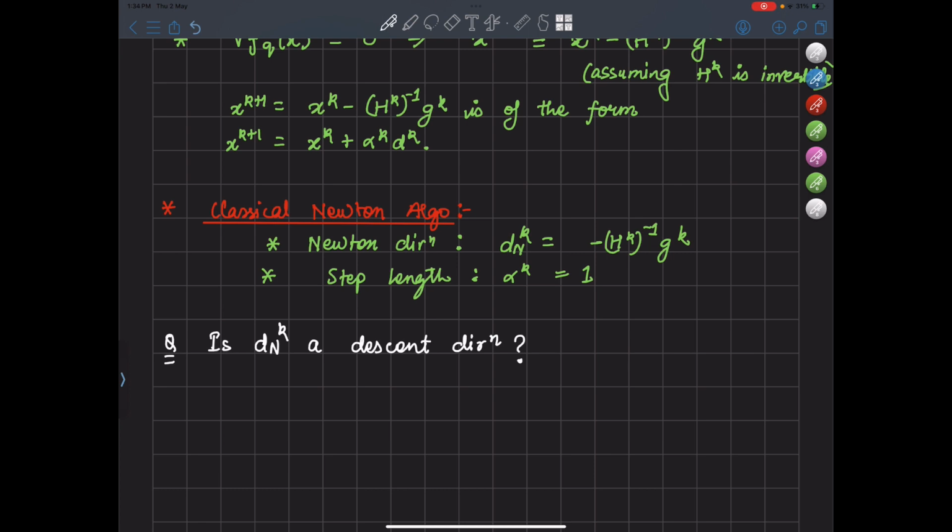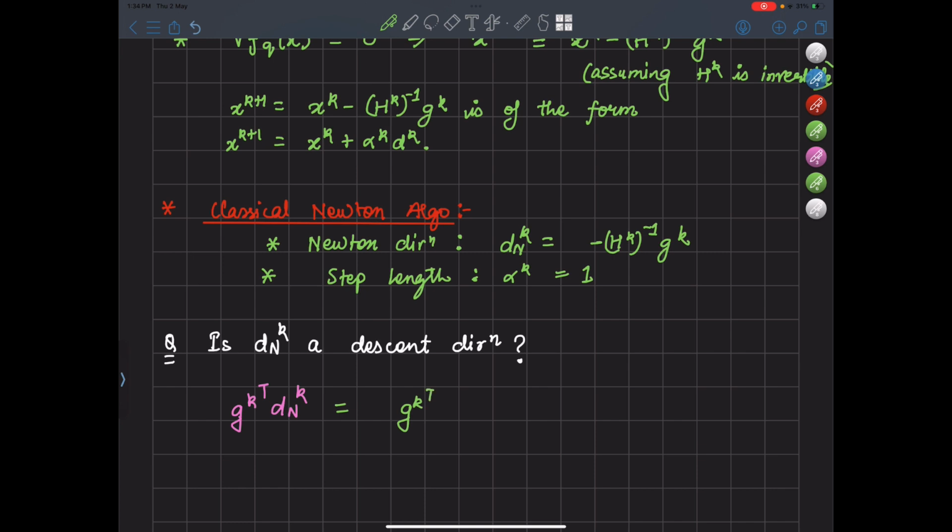Remember, a descent direction belongs to the descent direction set, which makes an obtuse angle with the gradient. So if gk transpose dNk is less than 0, then it's a descent direction. So what is this equal to?